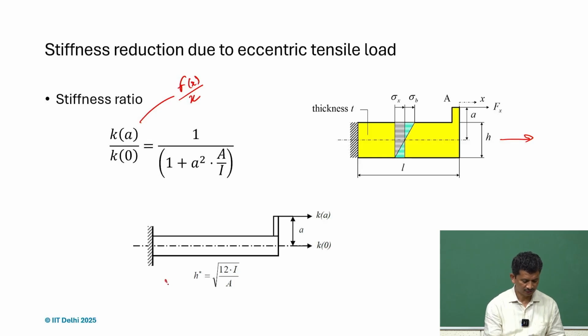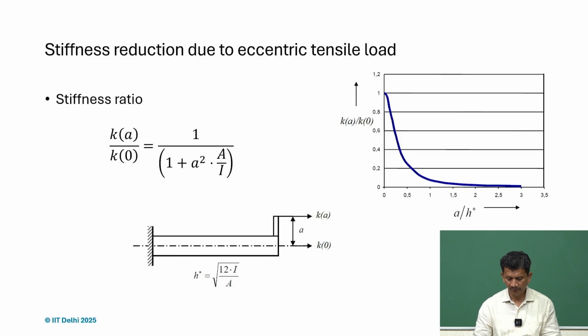If it's not prismatic and has some other cross section, we can define Hs star in this fashion. And if we plot the stiffness ratio versus A by H, what we see is a sharp decline. So if the force is applied at a point above the center line, there will be a huge decline.